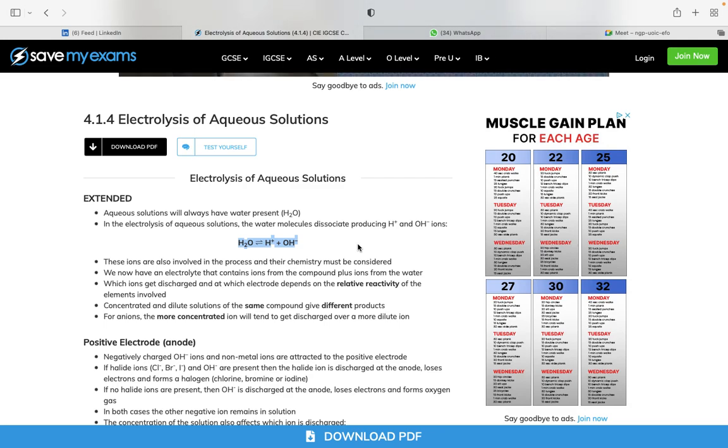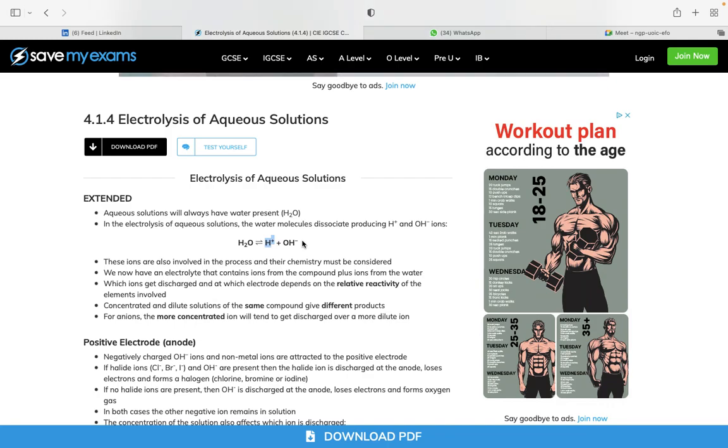Then you'll be looking at the ions from the sodium chloride, which is sodium Na plus, chloride Cl minus, and then the ions from the water also, H plus, OH minus. So whenever we have aqueous or dilute solutions, we'll be considering the H plus ions and the OH minus ions. Is that okay?